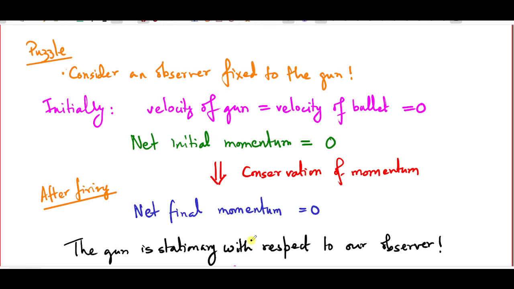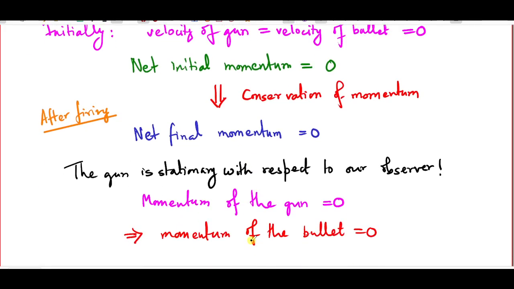But remember, the gun is fixed to the observer. So when the bullet is fired, the gun stays stationary with respect to our observer. So the momentum of the gun with respect to this observer is 0. Net final momentum being 0 implies that the momentum of the bullet also must be 0 with respect to the observer.